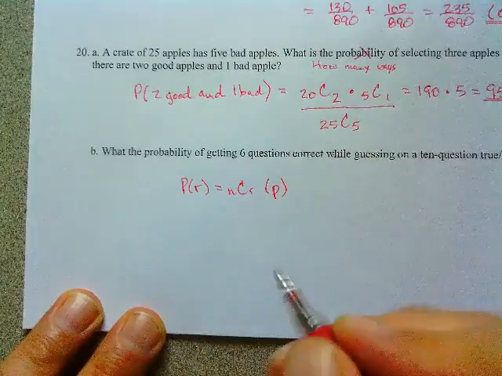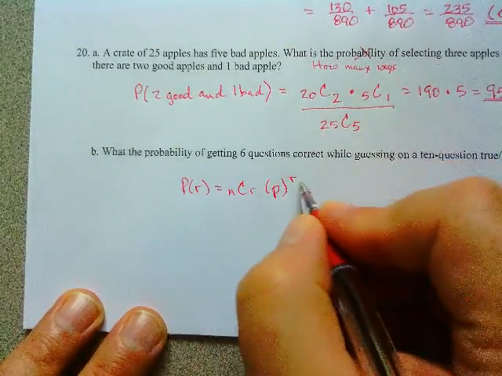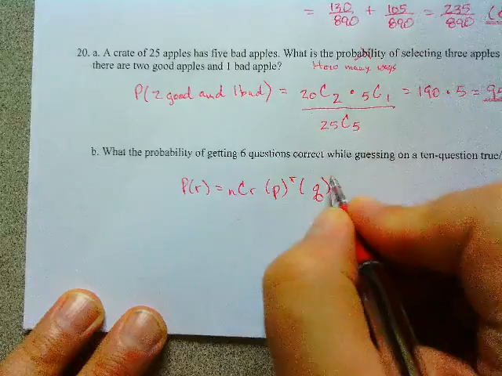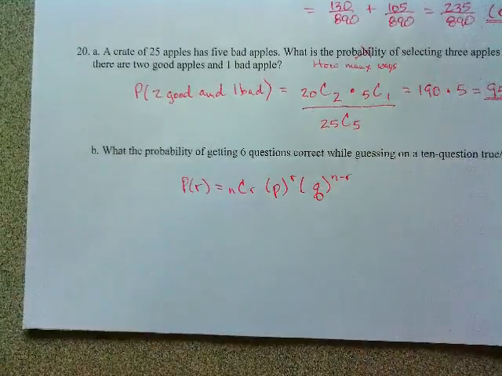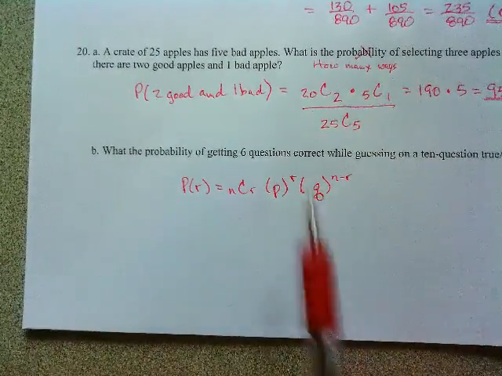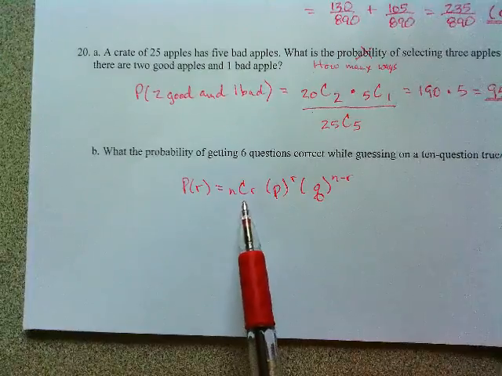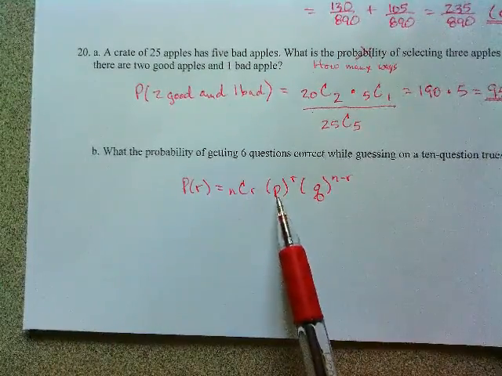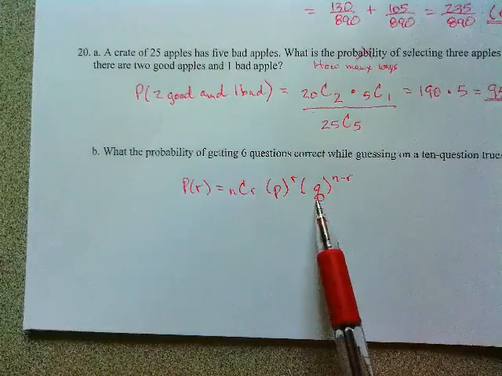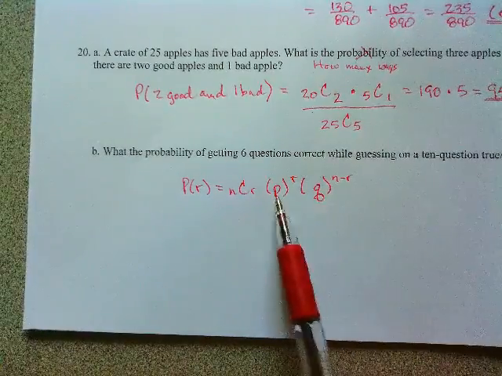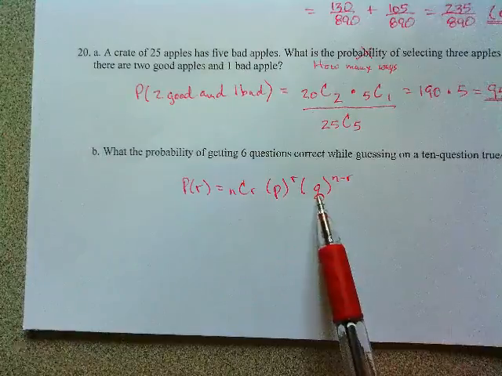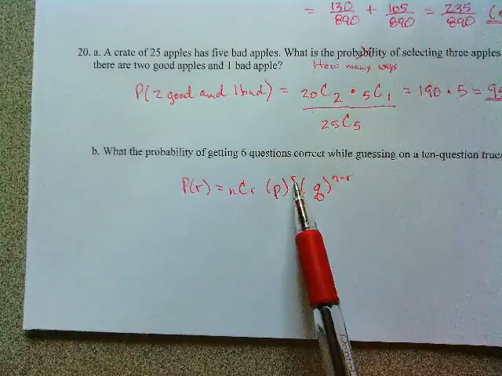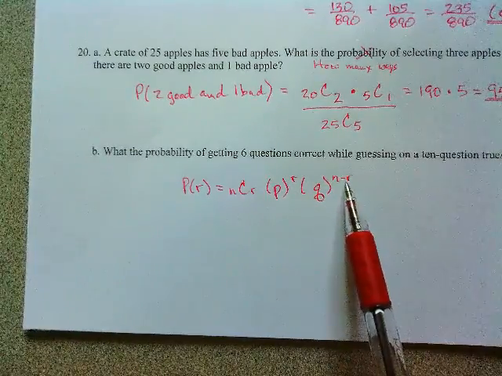You'll be given a page in which all the equations are given to you. You just have to know how to use them. So we have our nCr button again, because we're not concerned about the order. Probability of success on any one question. Probability of failure. So P and Q together have to add up to 1. This is how many we're going to have correct, and this is the rest of them, which will be wrong.